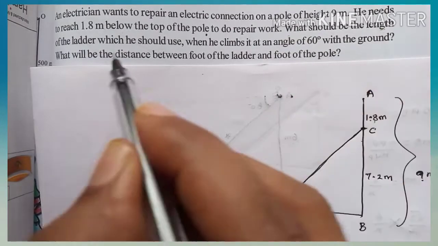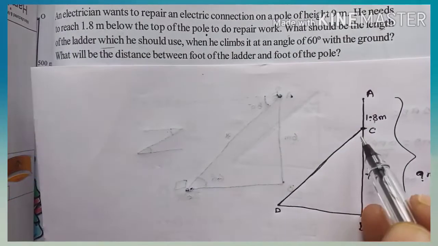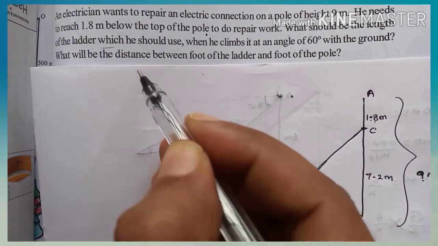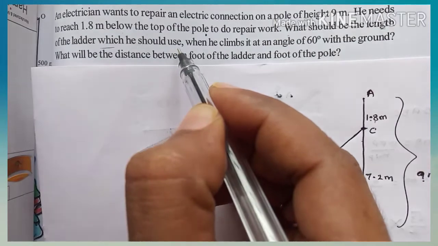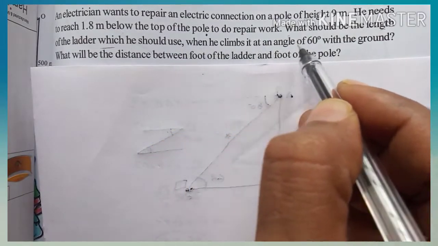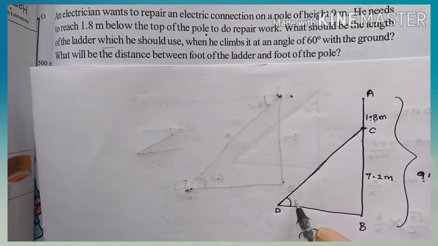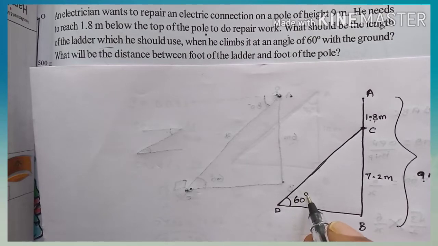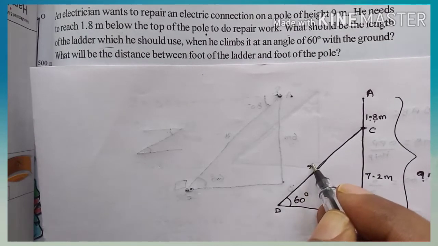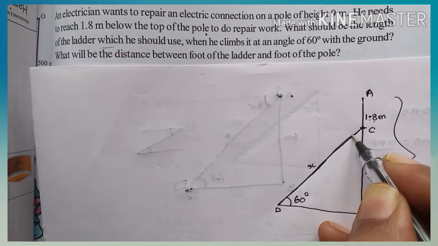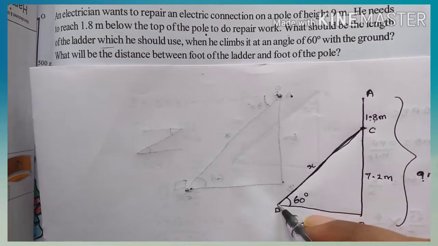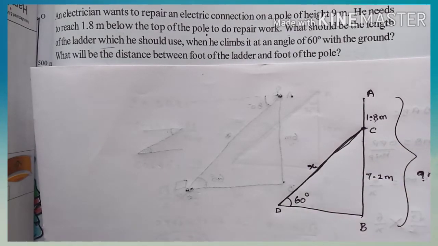What should be the length of the ladder which he should use when he climbs at an angle of 60 degrees? Here the angle is given as 60 degrees. We have to find out the length, so we calculate x.